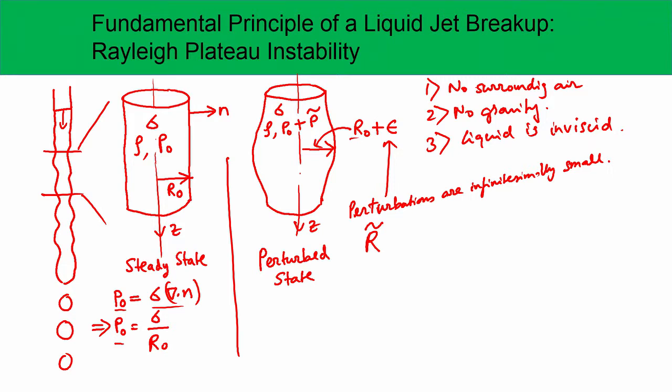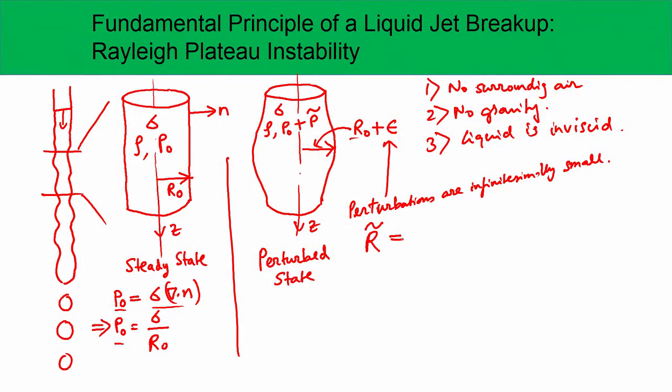We will consider the evolution of infinitesimal perturbations on the interface, and the reason is that if we keep the perturbations small, we will be able to linearize our equations. If the perturbations become large, then the equations will be nonlinear and we cannot do the analysis. So to make the system amenable to mathematical analysis, we will keep the perturbations small, and with that we will be able to do the linearized hydrodynamic instability analysis.